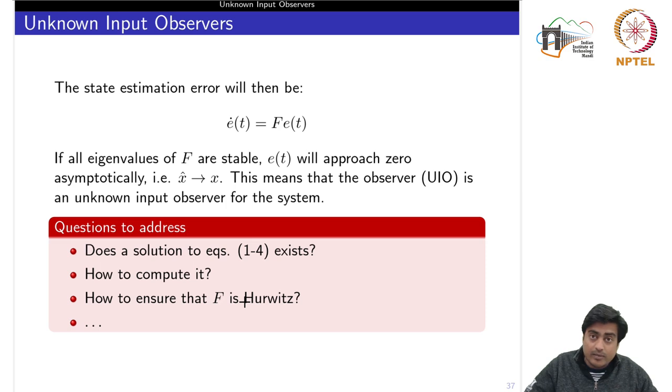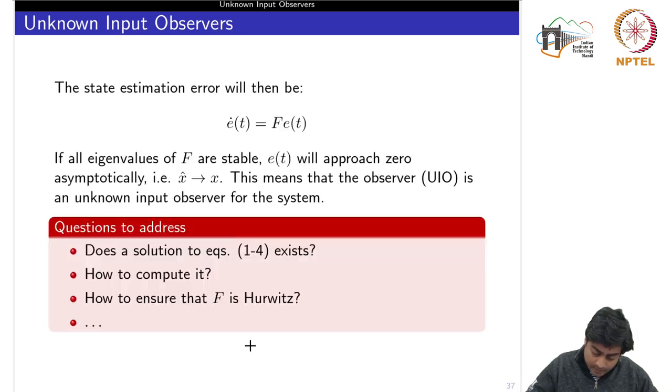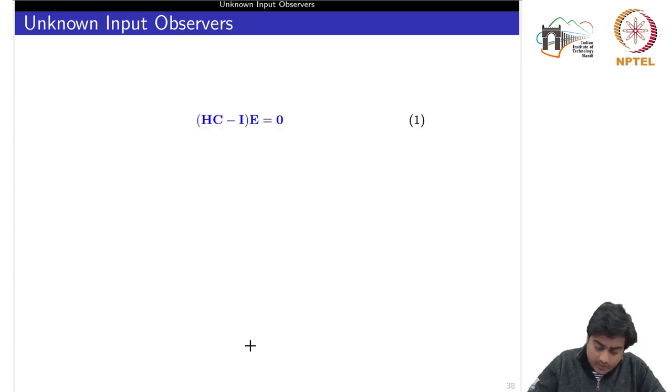Because F is not the matrix which we are assigning or defining. This basically comes from this part. So we do not know yet how to design this H and K such that my F becomes a Hurwitz matrix, right? So we'll see the answer to these questions by taking the equations one by one.